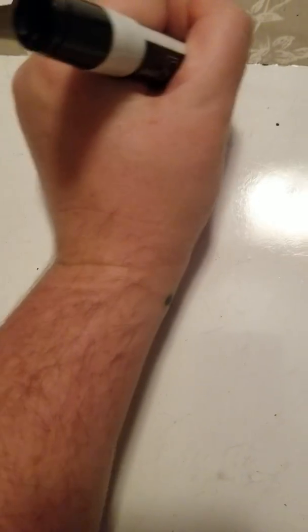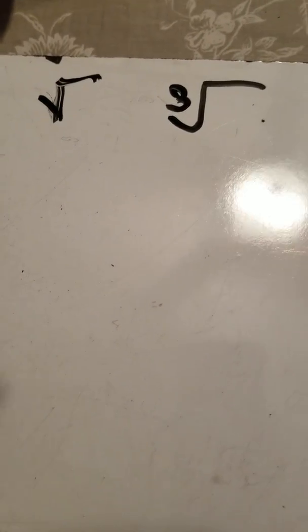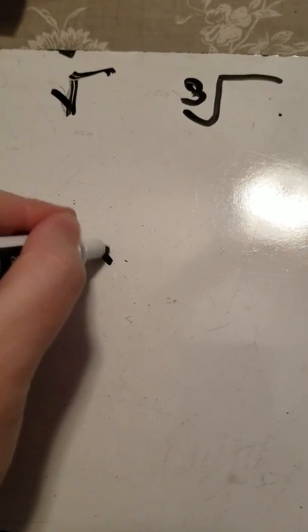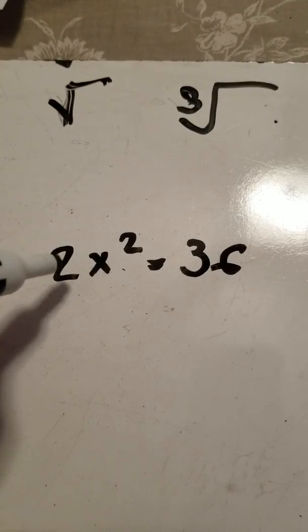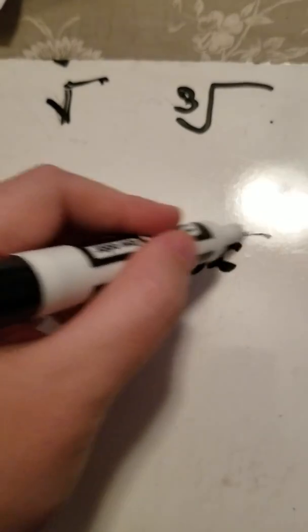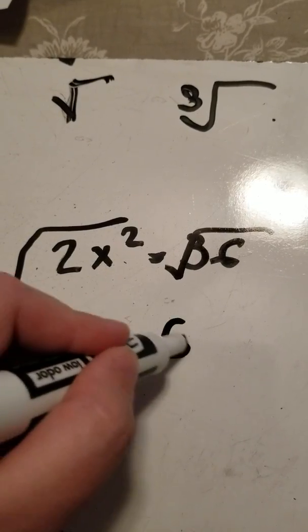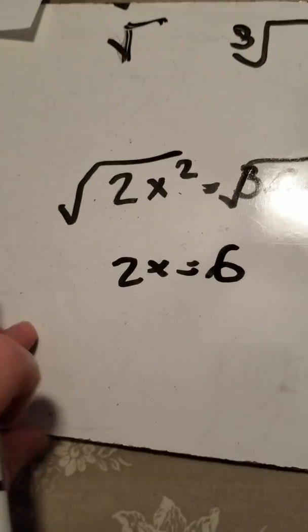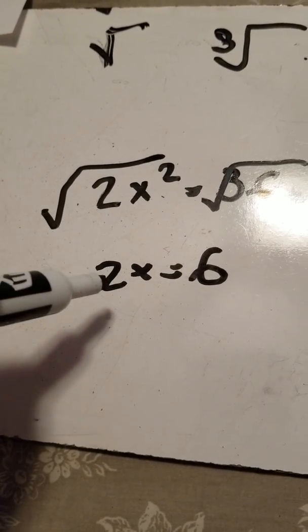Now, the cube root and square root equations. The biggest mistake I saw on the quiz, as we all discussed, was number 5, where you had 2x squared equals 36, and we went ahead and square rooted that, and then we ended up with somehow 2x equals 6, which algebraically doesn't work because the square root of 2x squared is x root 2, not 2x.